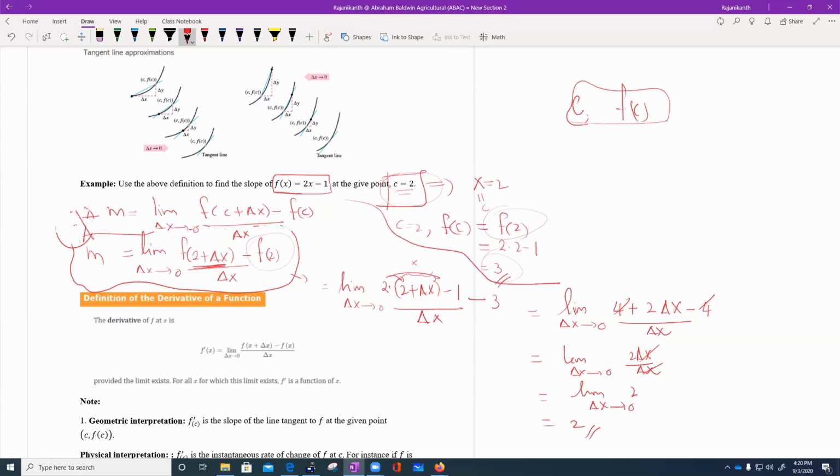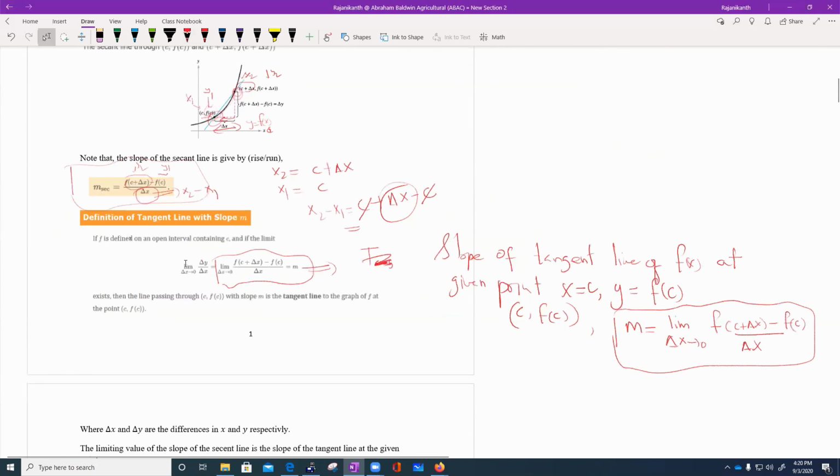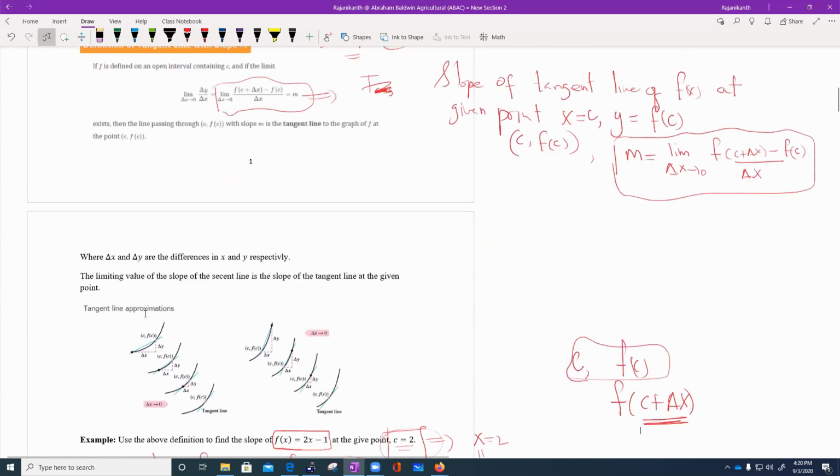These are the two things you have to figure out. After that, find f of c plus delta x. You will be given the f(x) function, simply plug c plus delta x into that function for x. That is finding the slope of the tangent line at the given point (c, f of c).